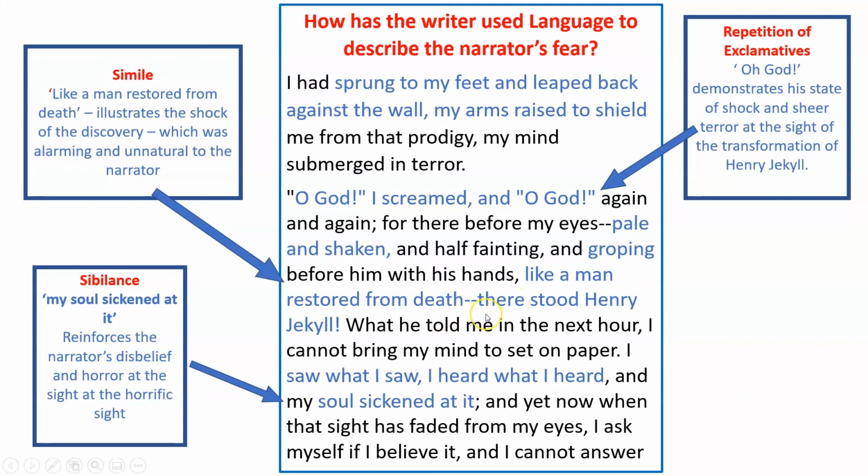This has clearly shocked the reader, and it shocks the narrator, right? But we want to talk about how the reader is engaged, so we can see that builds up the suspense, because we want to know what's going on. Why has he changed? Why does he look so very horrifying? Why does he look so very scary?